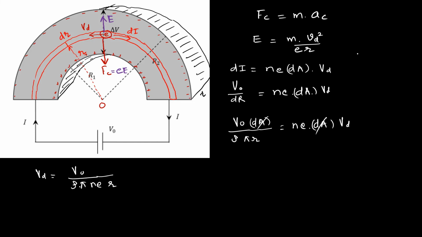So putting this value of Vd into equation 1, that would give me E equal to m divided by eR, and putting Vd equal to V naught divided by rho pi n e r, the whole squared.